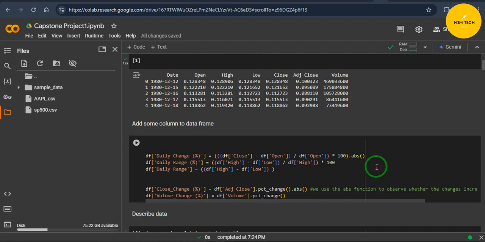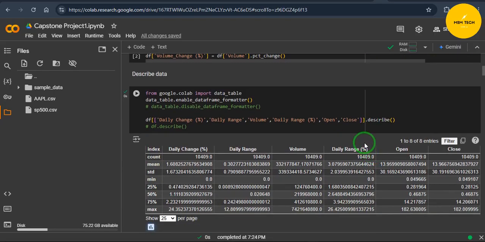Daily change percent measures the percentage change between the opening and closing prices. Daily range shows the range between the day's highest and lowest prices relative to the high. Volume change indicates how trading volume changes from one day to the next.